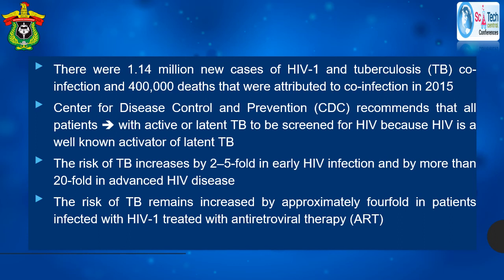The risk of TB increases by 25-fold in early HIV infection and by more than 20-fold in advanced HIV disease. The risk of TB remains increased by approximately 4-fold in patients infected with HIV treated with ART.